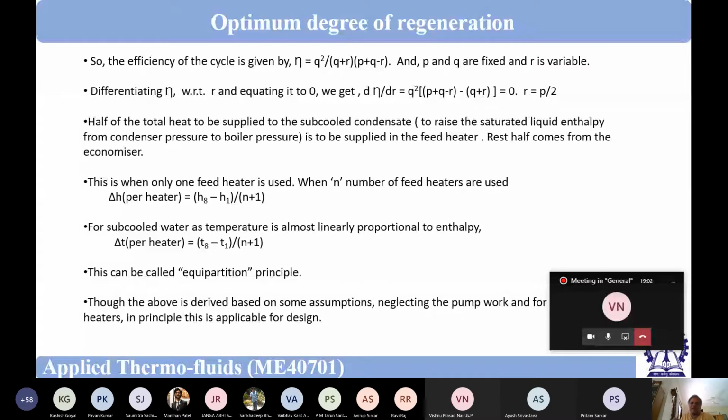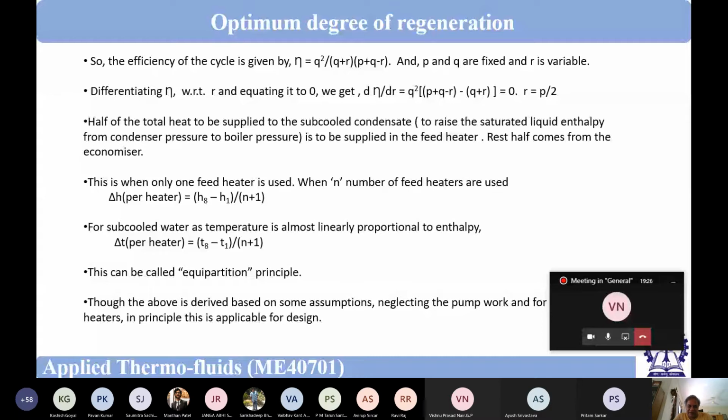Now, this enthalpy we are talking about is the enthalpy of the liquid water. Enthalpy of the liquid water is very well proportional to the temperature rise of the liquid water, because liquid water specific heat is more or less constant, not changing much with pressure, temperature, etc. Very slight change.